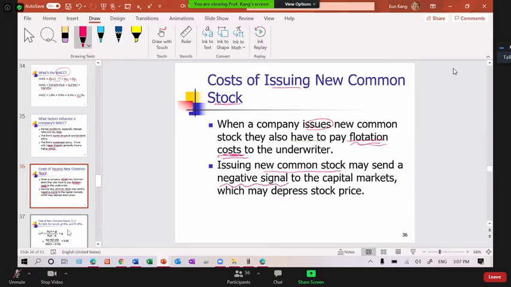Good participation point. Why may issuing common stock send a negative signal? Does it dilute the current outstanding shares? Actually, that's also not to the point because as long as the stock price is correct, when you issue stocks, you get money, so it won't dilute, right?